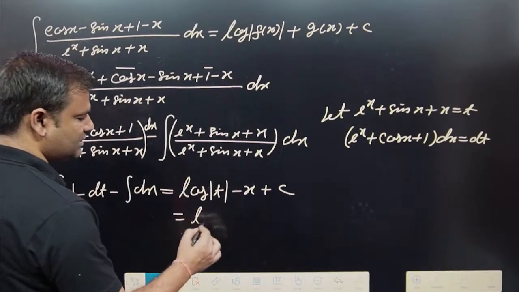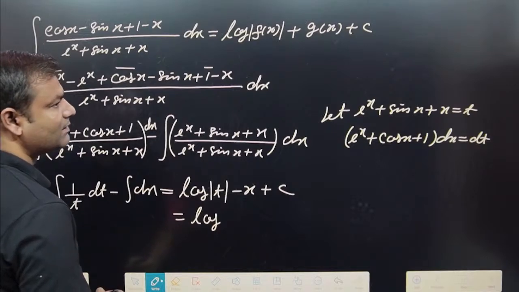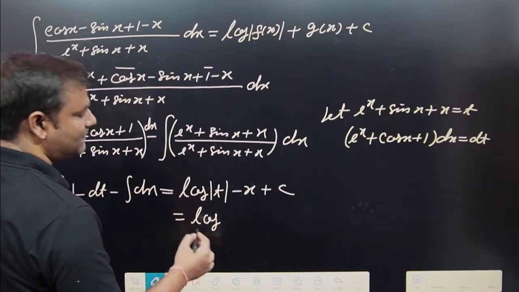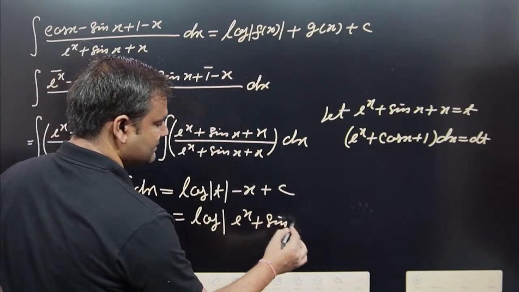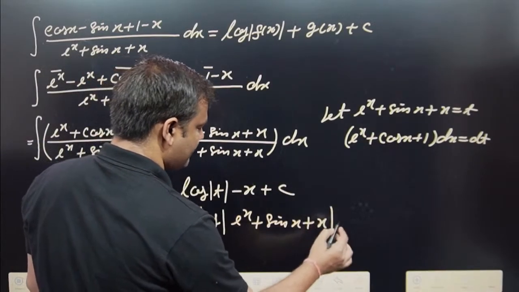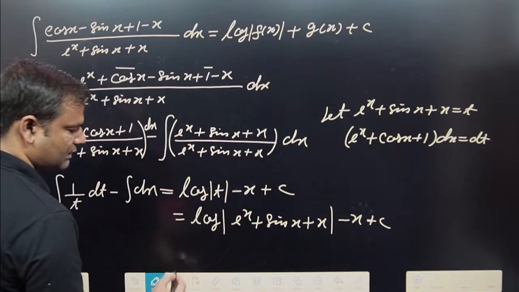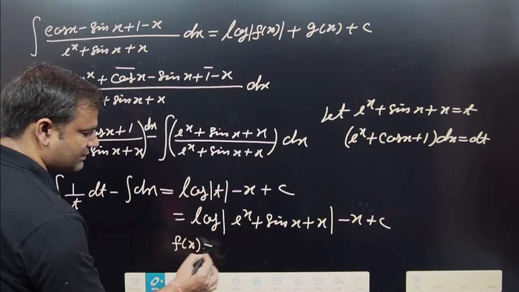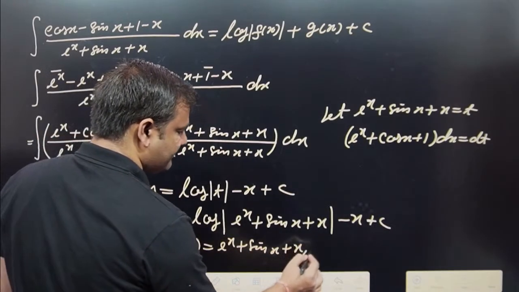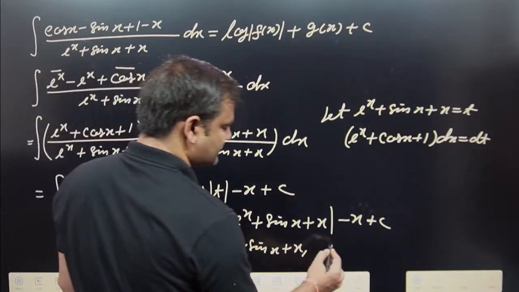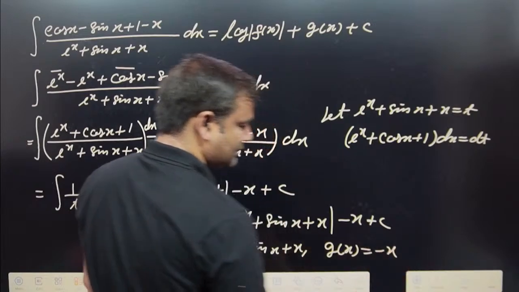Log t is basically the modulus of e to power x plus sin x plus x, minus x, plus c. So you can say that f of x is e to power x plus sin x plus x, and g of x is minus x. That is the final answer.